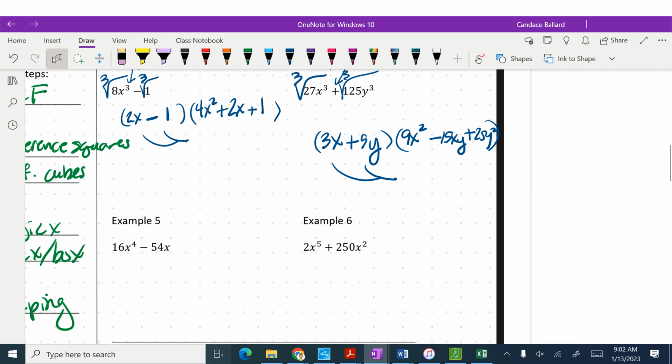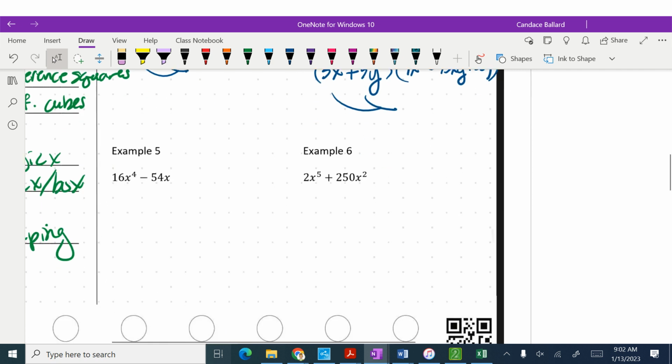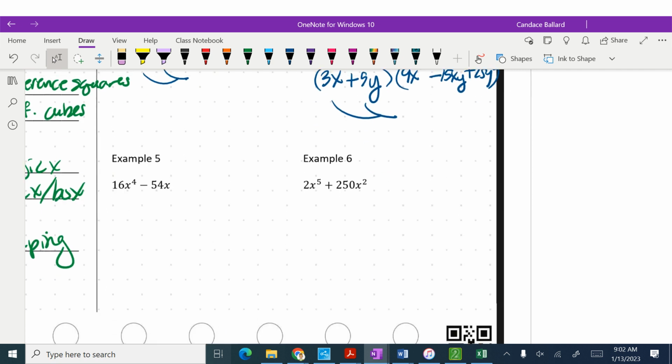There's 2 little tiny things I want to talk about for the quiz. What's the first rule thing I'm always supposed to look for? Every time I factor, what do I look for first? GCF, right? I definitely don't have cubes there or squares there, but do I have a greatest common factor? What goes into both 16 and 54?